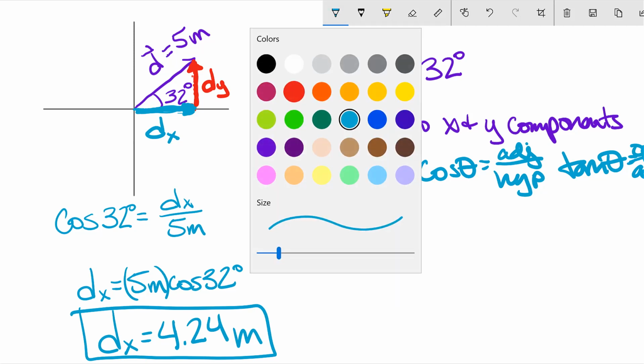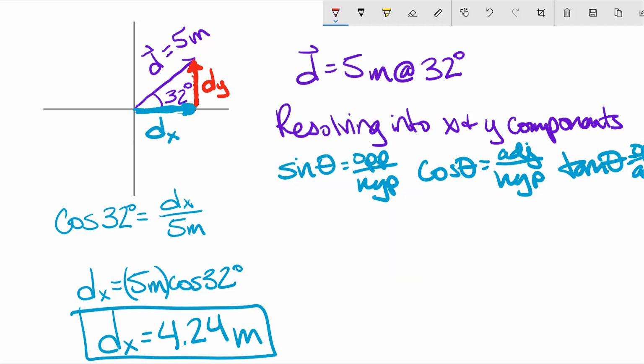All right, we had red for dy. Now dy is the opposite side, opposite to this 32 degree angle right here, and we have the hypotenuse. So we want to use sine. We could totally use tangent, but what if we had done the cosine calculation wrong? So we're going to use sine of 32 is equal to dy over 5 meters.